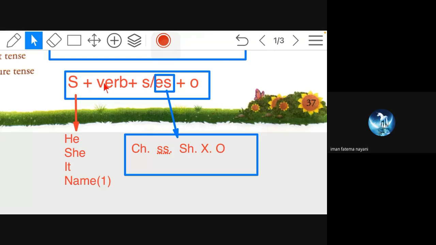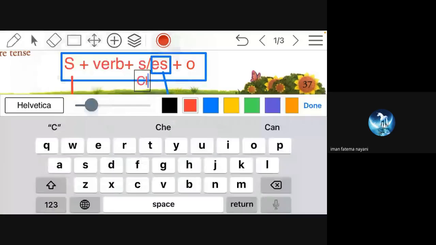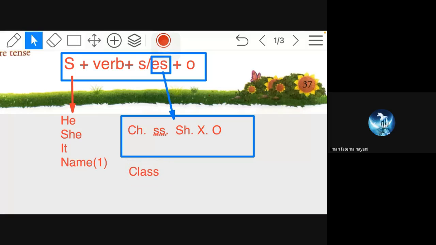If the verb is ending with ch or double s or sh or x or o, at that time we have to add es. Now, for example, if I am writing here class, so Zoha, class is ending with what? Double s. At that time we have to add es: classes.